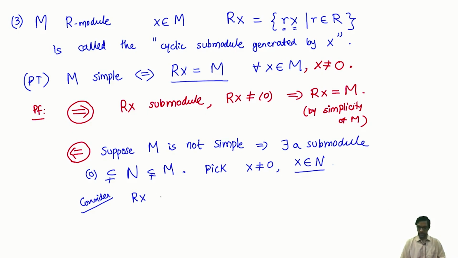So observe, if I take the cyclic submodule generated by x, because x is in N and N is a submodule, Rx is a subset of N. But N is not the whole space. N is a strict subset of M. So this means in particular that the cyclic submodule Rx can't equal M, and that's a contradiction. And that contradiction proves what we want.